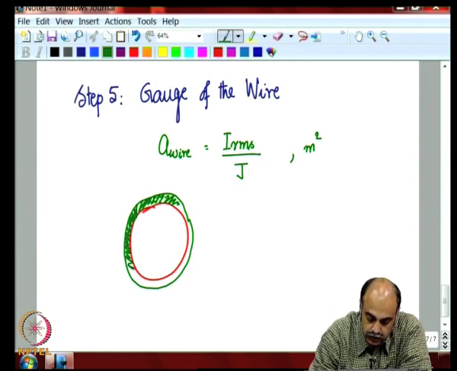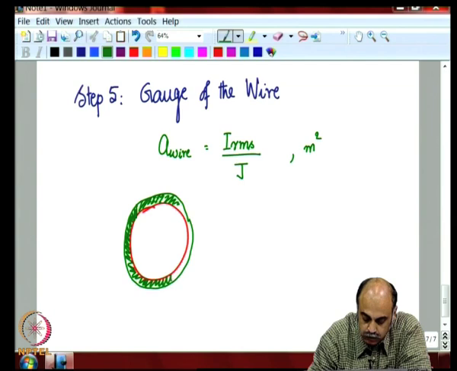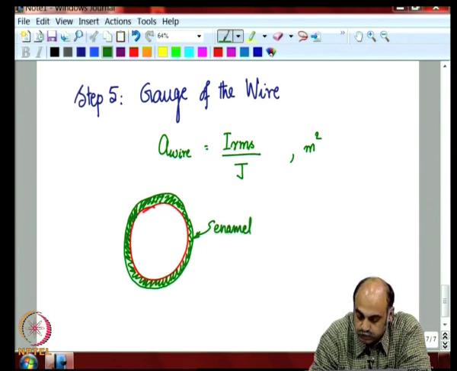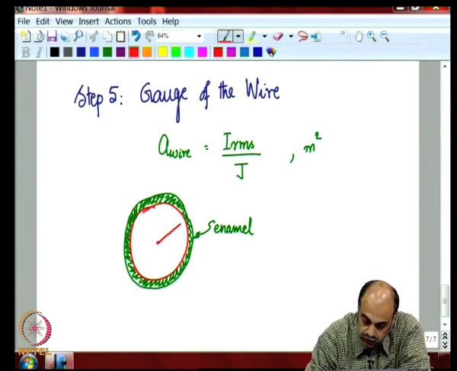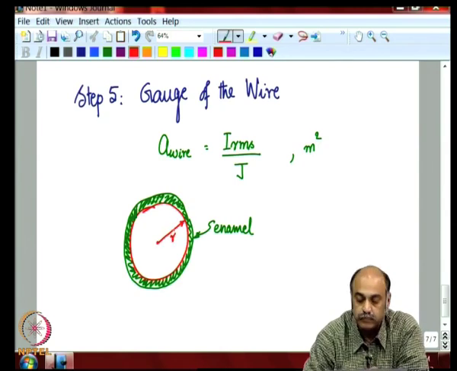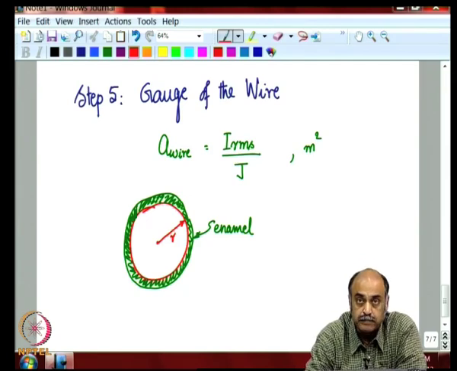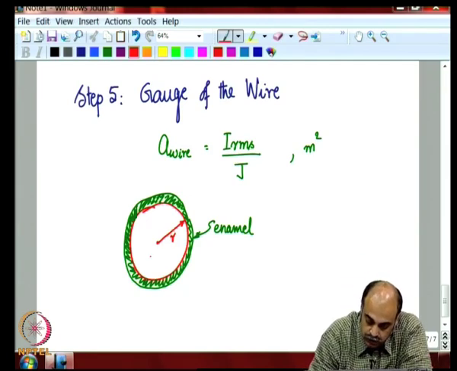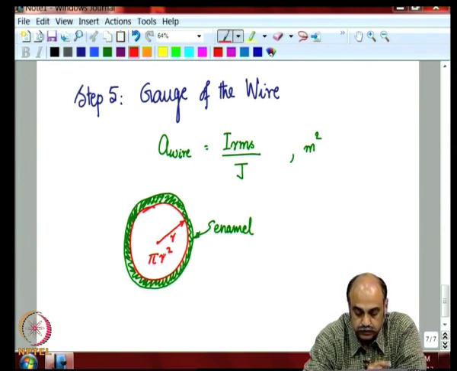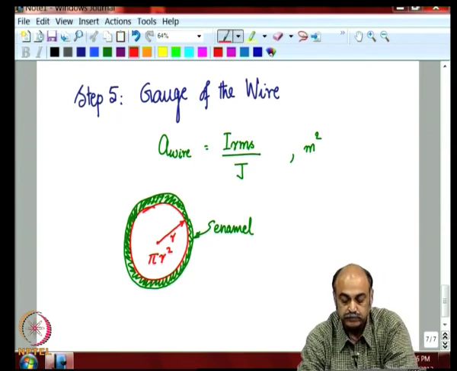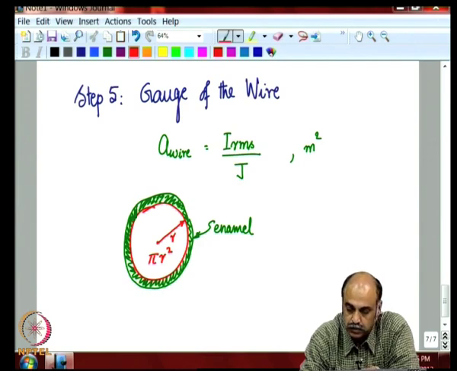So, in the wire data sheet, while calculating cross section areas, you have to take the copper cross section area, or basically the radius of the copper without the thickness of the enamel, and take the pi r square of the copper portion, the conducting portion of the wire.